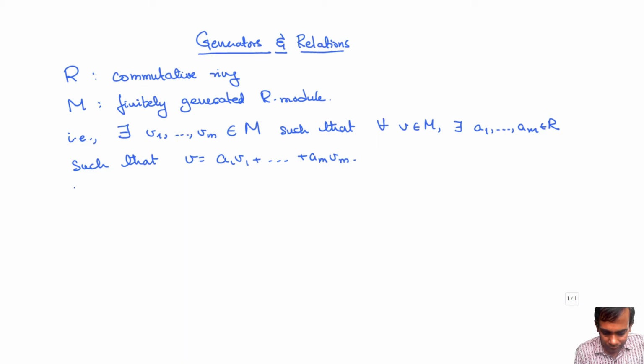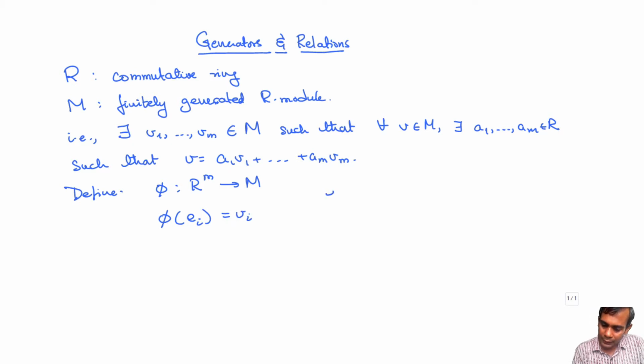Now if you define a homomorphism phi from R^m to M by saying that phi of Ei is equal to Vi. So what is Ei? Ei is just the ith coordinate vector in R^m. So it's the vector with all zeros, except in the ith place you have 1.